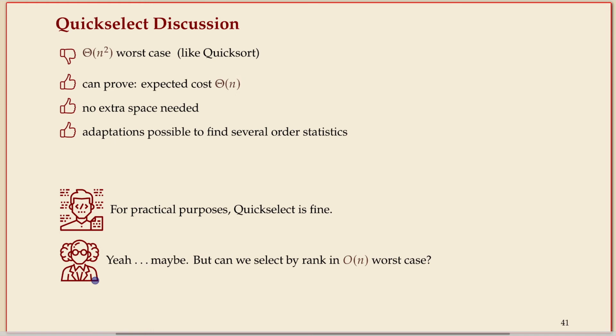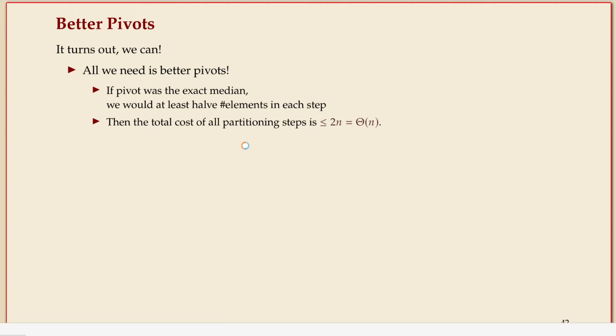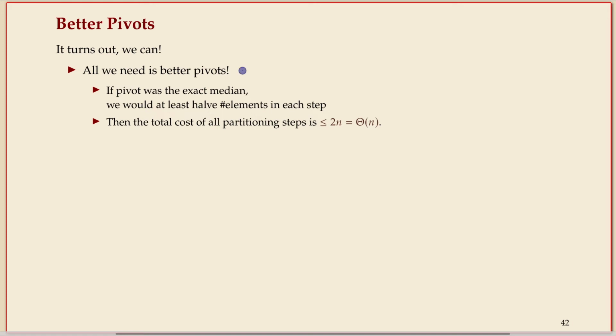Okay, questions on quickselect? Now coming back to this question, can you do it in worst case linear time? The answer is yes, we can do it. What we need is better pivots to avoid this worst case.